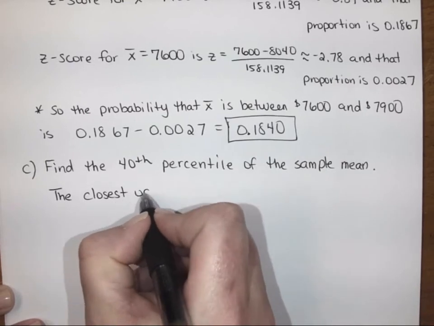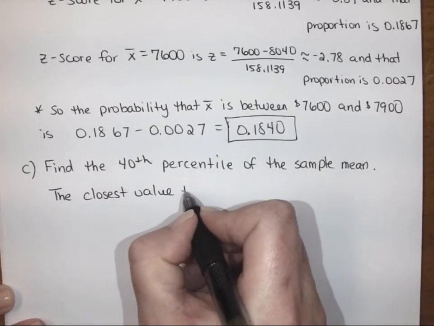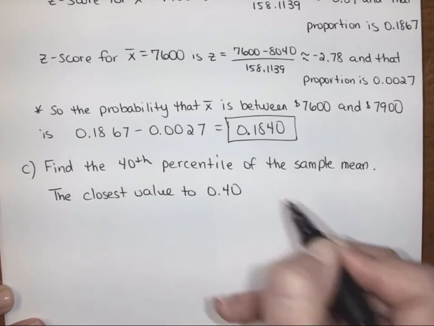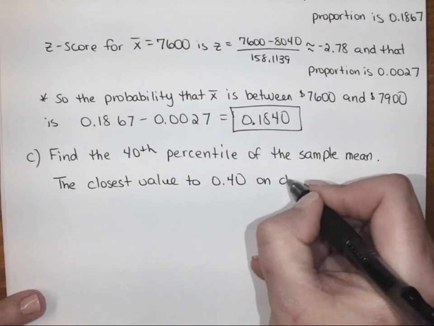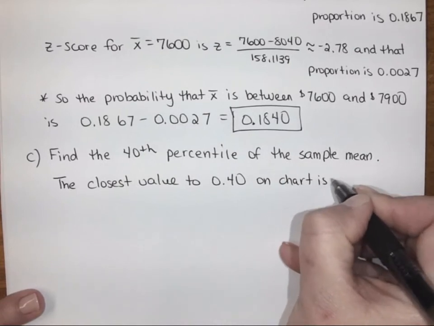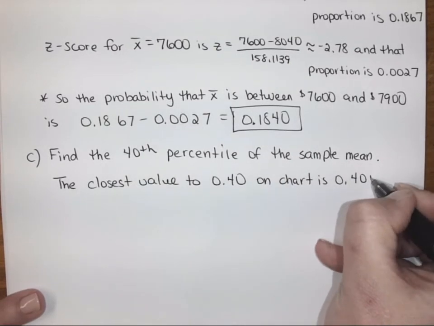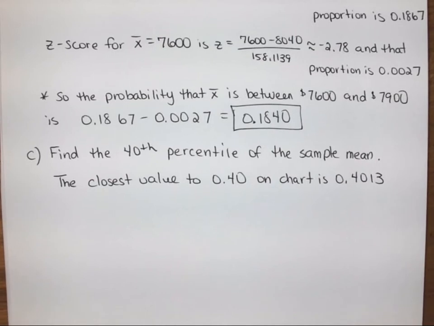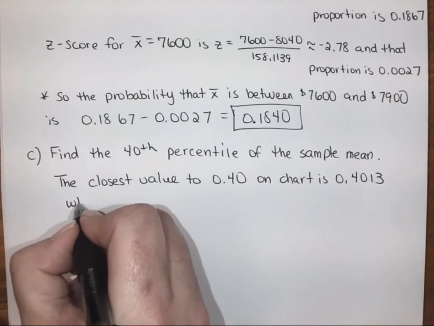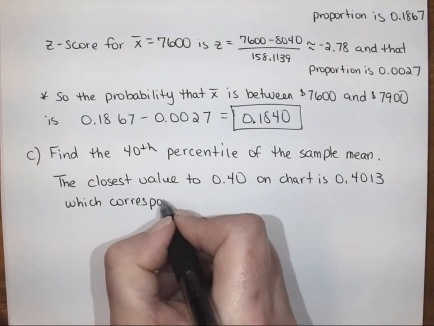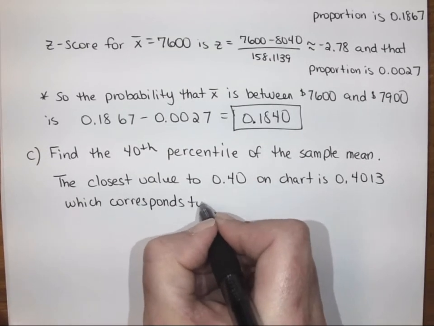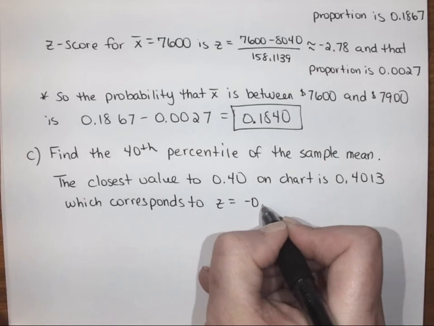So you're looking for the closest value in the middle of your chart to 0.40. Maybe pause and take a look at that, but that is going to be 0.4013. That's the closest thing to 0.40 we have on the chart, which corresponds to z equals negative 0.25.